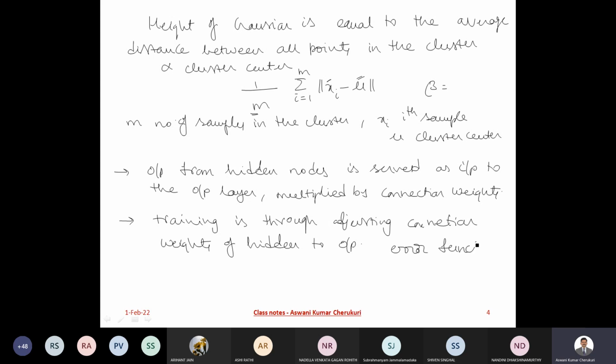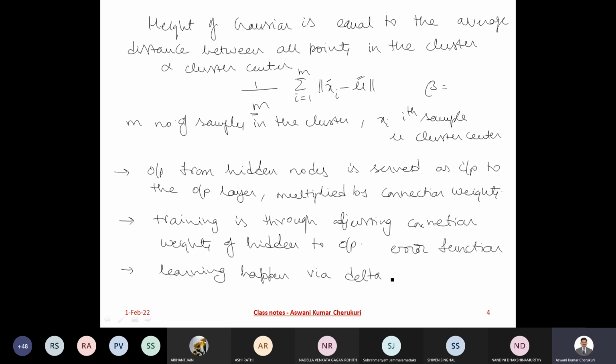I check through the error function, and typically the calculation of the error and the adjusting of the connection weights happens via the delta learning rule.